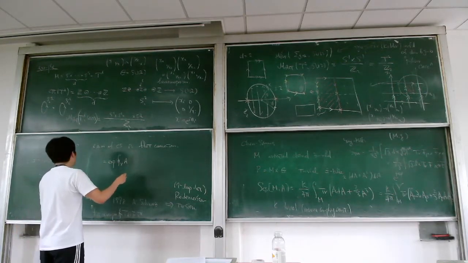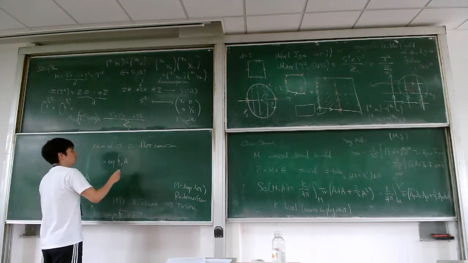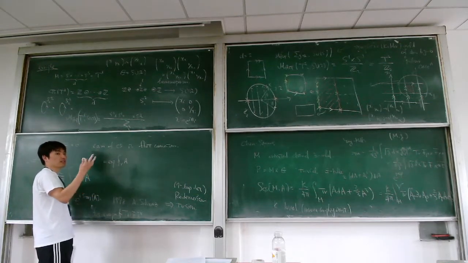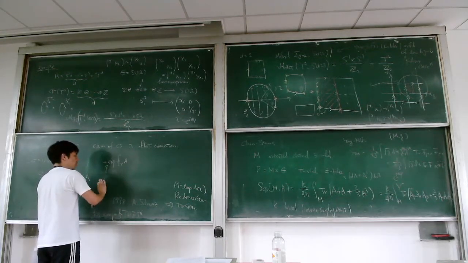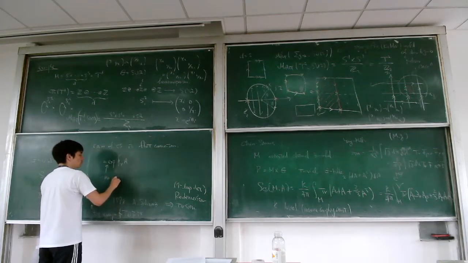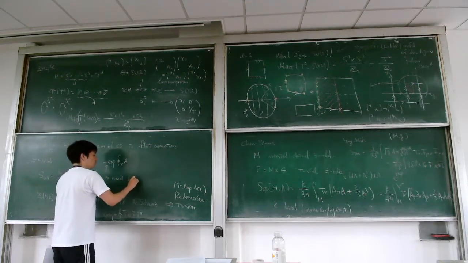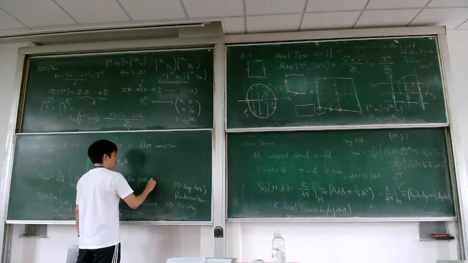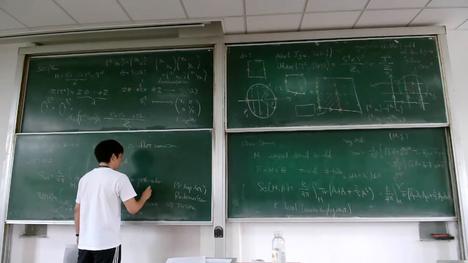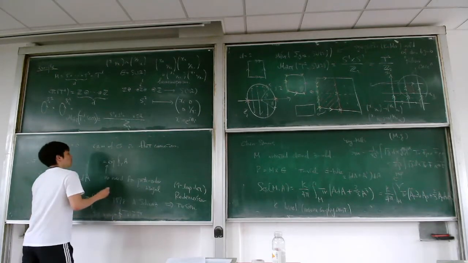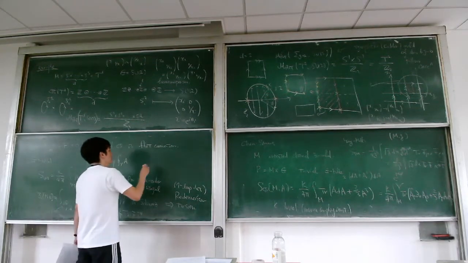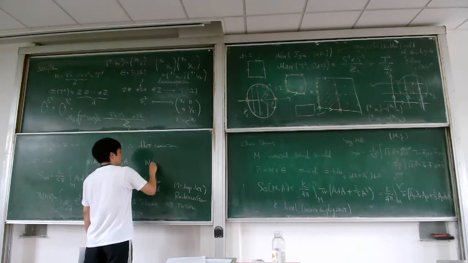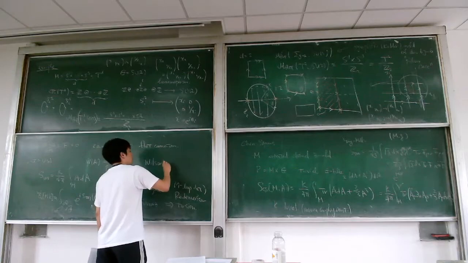In this case, G is U(1), so it's abelian, so it's commutative, and there's no need to consider the path ordering. This holonomy is often called the Wilson loop in the physics literature.